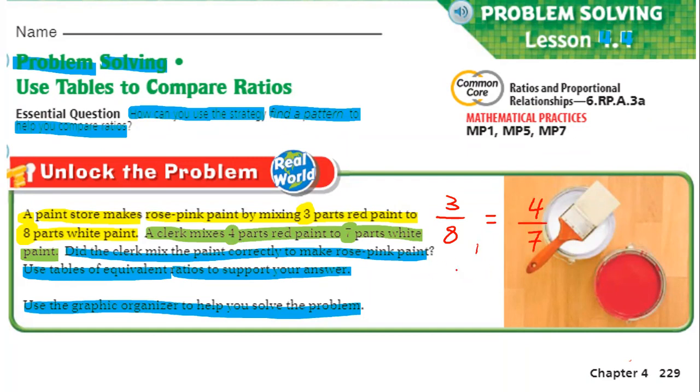This is the meaning of that question. Did the clerk mix the paint correctly to make rose pink paint? So it asks you, are they equal? Is the first ratio equal to the second ratio?